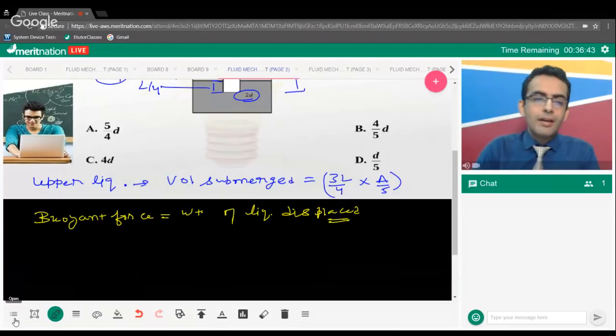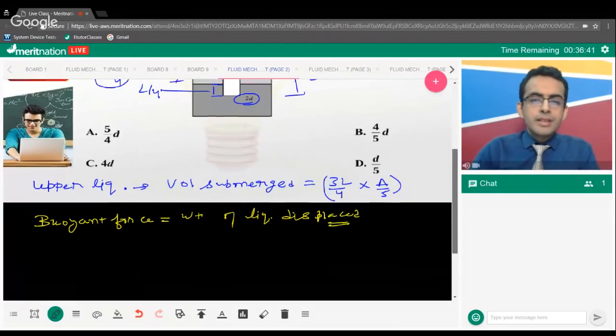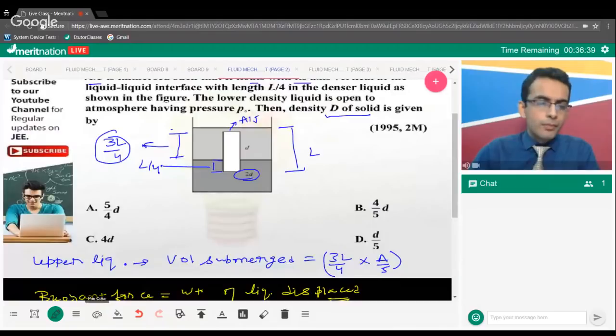Shubham, which thing can't you understand? Just see here, in the upper liquid, 3L by 4 length is there and A by 5 is the area of cross section, as given in the question.